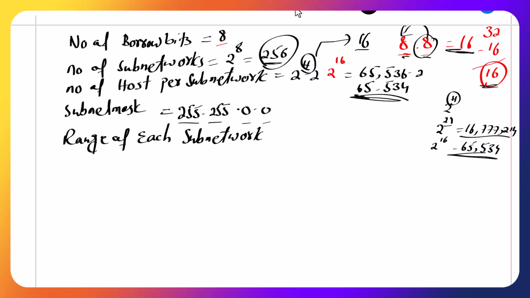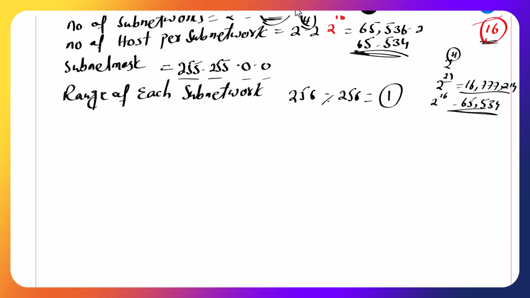Okay, what was the second octet range? Obviously 256. How many subnetworks? 256. So 256 divided by 256 is equal to 1. It means each number in the second octet is itself a network, like this. For the very first subnetwork, 10.0.0.0, and the very last, 10.0.255.255.